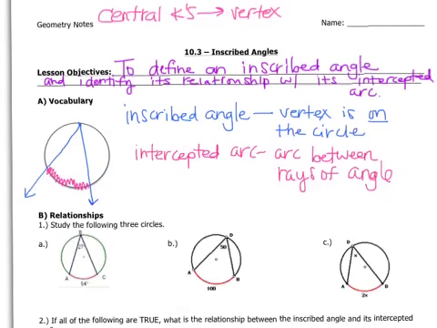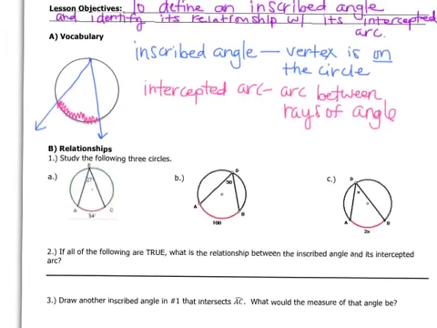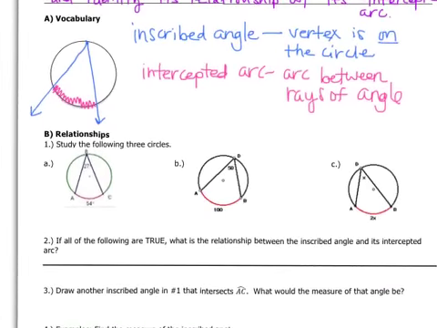So what we're going to look at now is some examples of inscribed angles and their intercepted arcs, and we're going to look at the angle measures of the angles compared to the measure of the arc. So in the first example, the measure of the inscribed angle is 27 degrees.